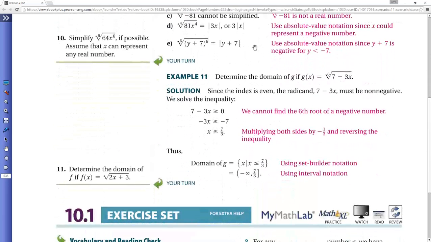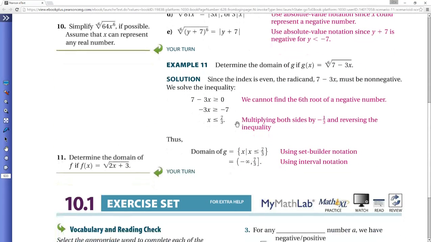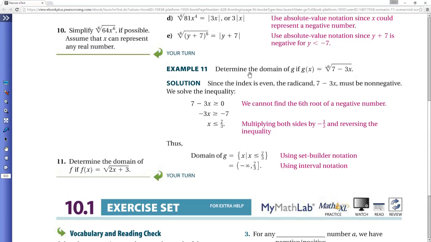They give us some examples of how that goes, and here's that domain deal that I talked about a little bit. If g of x is equal to the sixth root, an even root, of 7 minus 3x, since the index is even, the radicand, which is the part under the radical, 7 minus 3x, must be non-negative, or we're going to have an issue with staying in the real number set.